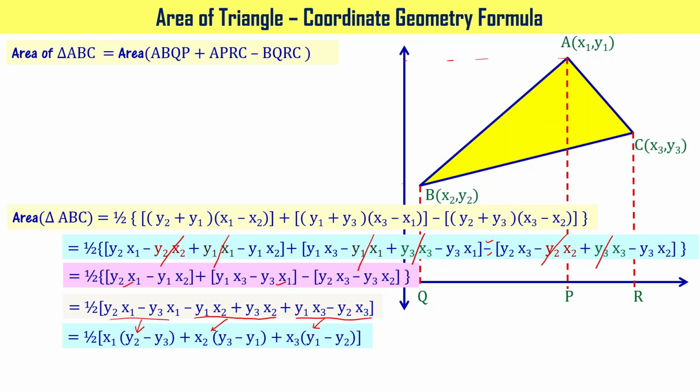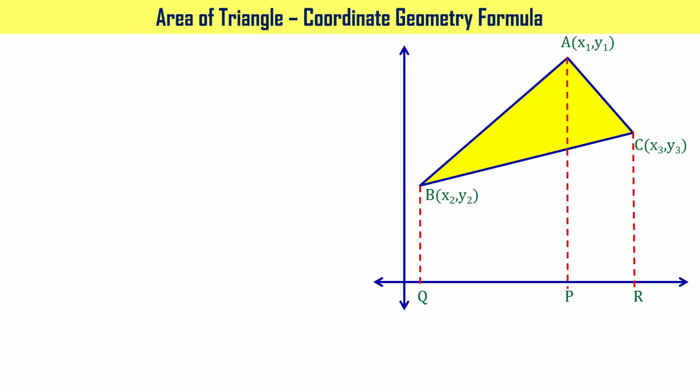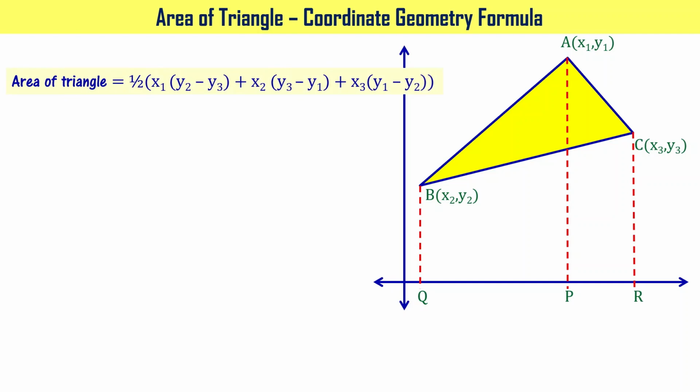So now I can write the area of the triangle formula as half times [x1 (y2 minus y3) plus x2 (y3 minus y1) plus x3 (y1 minus y2)], right? Let's take a note of this formula. This is what we have derived till now.